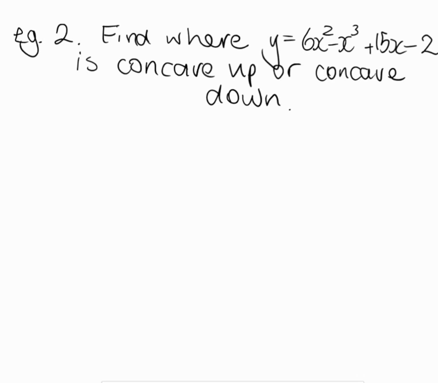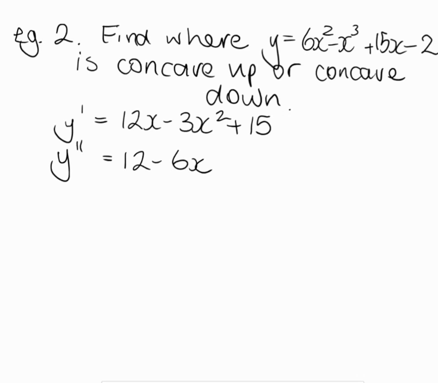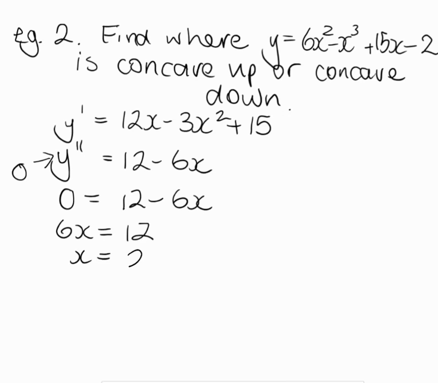So what we need to do is find the points of inflection first. So y dash is 12x minus 3x squared plus 15. And then we've got y double dash equals 12 minus 6x. So we find the point of inflection first by putting y double dash equal to 0. So 6x equals 12, so at x equals 2 is a point of inflection.